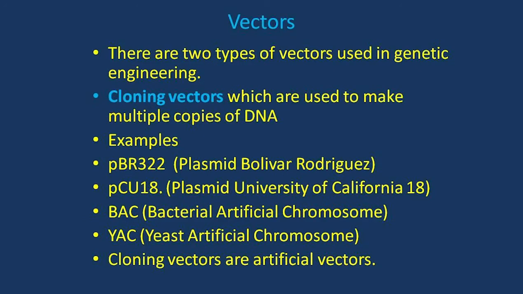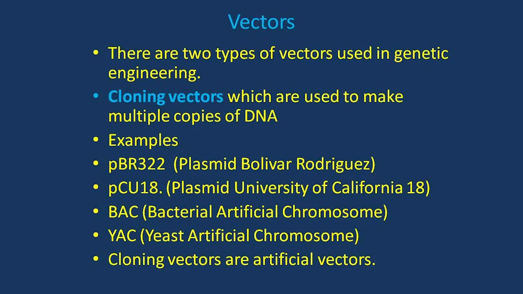For example, in the second step of genetic engineering, which is called amplification of the gene, we are making multiple copies of the gene. Two commonly used vectors for that purpose are: one is pBR322, which was an artificial plasmid created by two scientists, Bolivar and Rodriguez, and pUC18, which was created at the University of California.